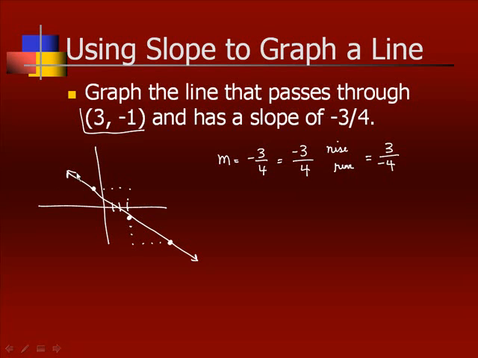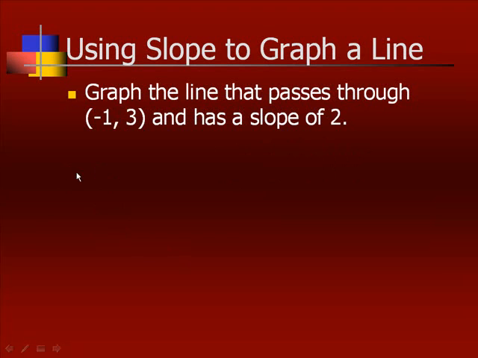Now, it's hard to tell x-intercepts and y-intercepts from this graph, but in terms of graphing, the slope is pretty handy. Okay, let's do another one real quick. We've got a point and a slope. So if we're just graphing, we say, well, the point is (-1, 3). So there's the first point.